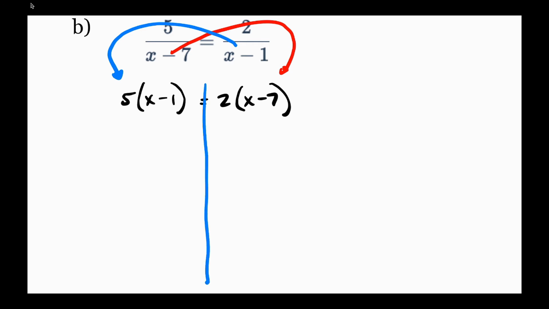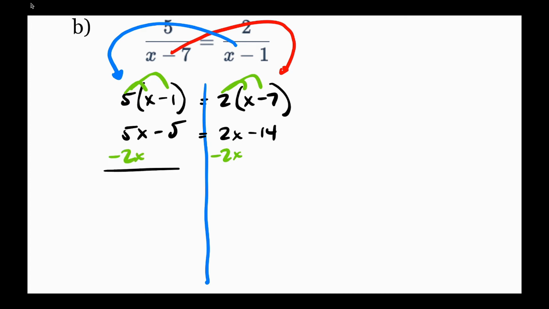Distributive property. 2x minus 14 on one side, 5x minus 5 on the other side. Subtract 2x from both sides, get x's on one side, get numbers on the other.